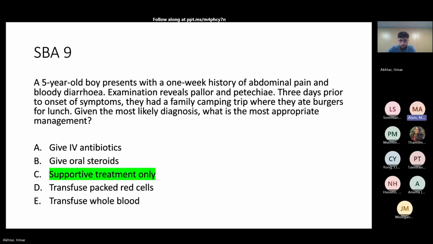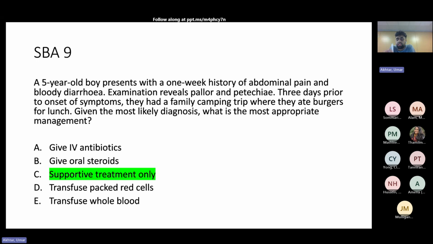Okay. Can you just quickly explain why you don't give antibiotics again? Because your thing went mute. Oh, sorry about that. The reason you don't give antibiotics is because in hemolytic uremic syndrome, the thing that's causing the symptoms is not necessarily the bacteria, it's that the bacteria is producing toxins, and those toxins are being released into the blood. It's not the actual bacteria that's causing the issue.